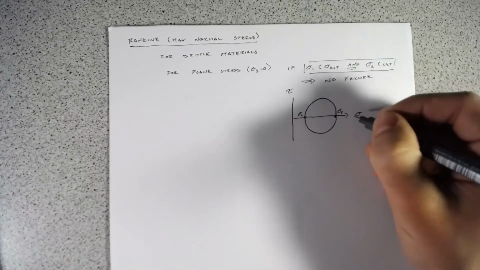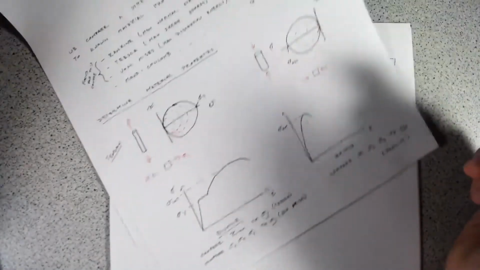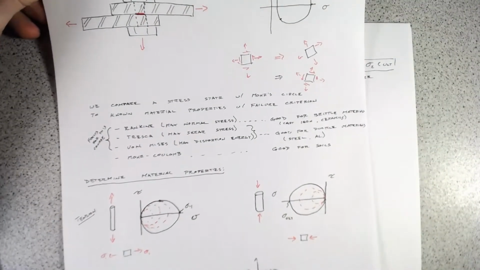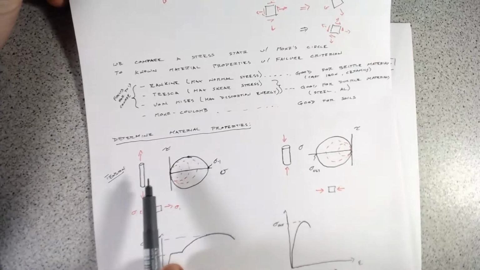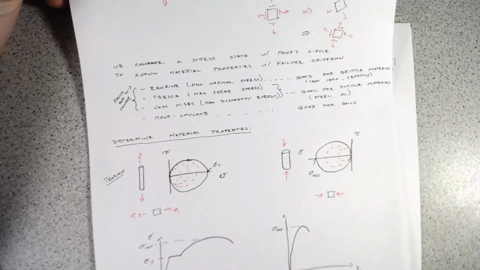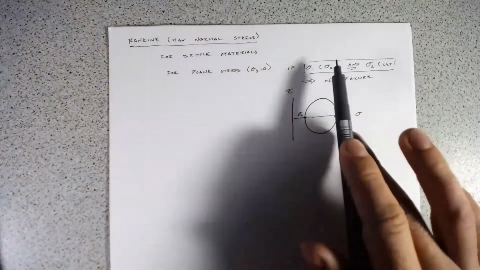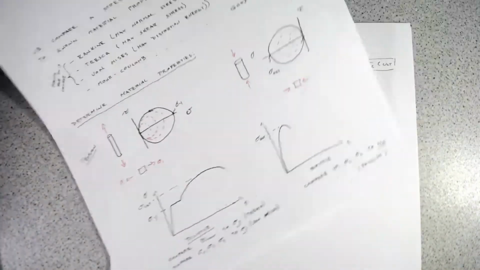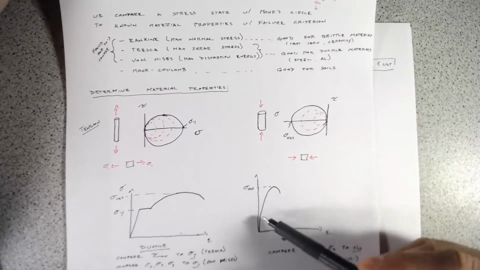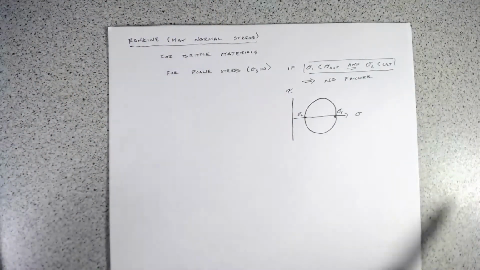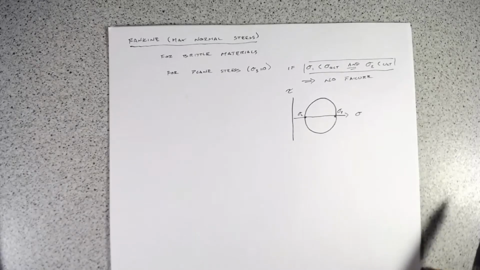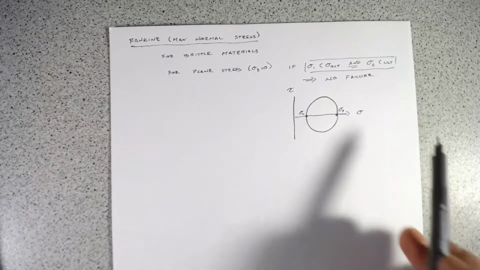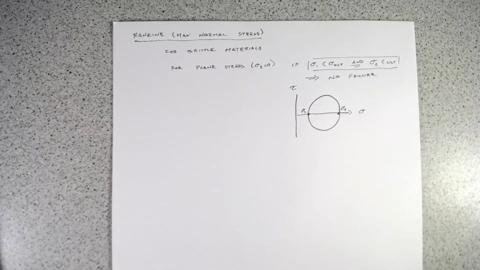If they're both smaller than this overall sigma ultimate, which could be either in tension or in compression, which is why we compare both sigma 1 and sigma 2, then we're okay. Our principal stresses haven't made it up this curve yet, and so no failure. It's just a really straightforward, simple equation.